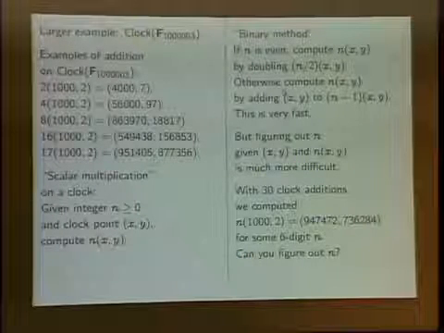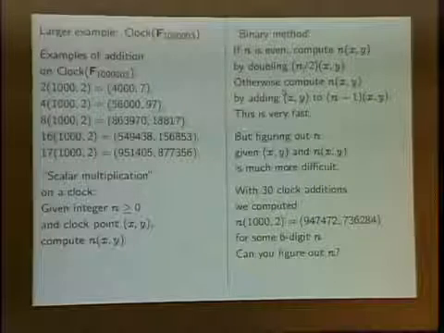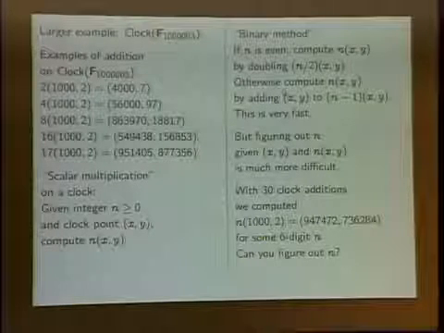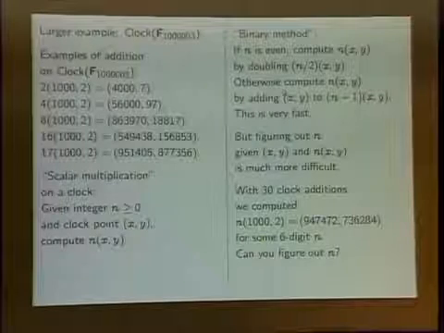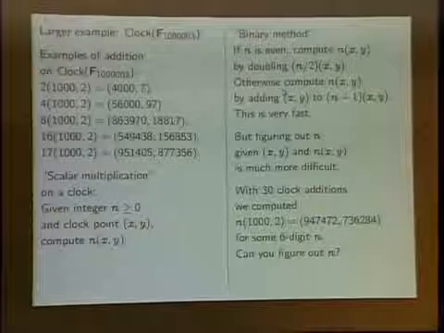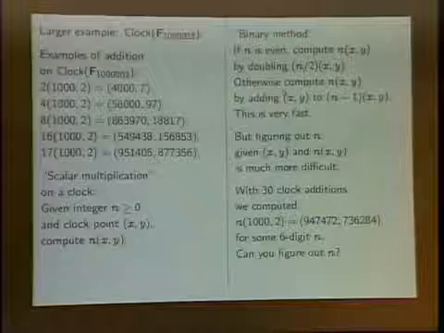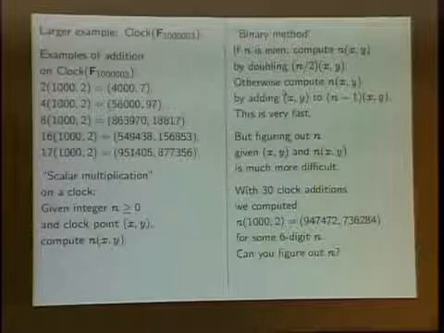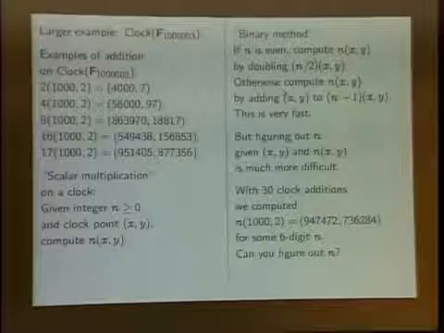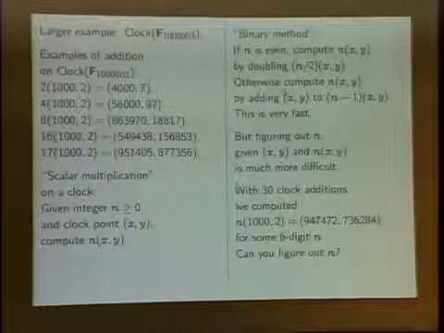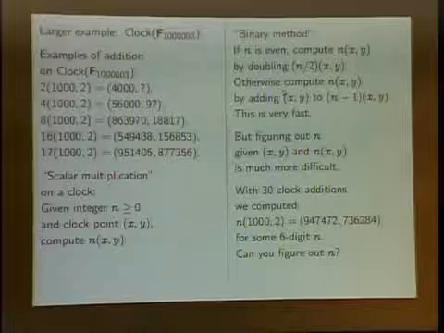Here's another example where we took some 6-digit number. There's only a million possibilities. Your computer can do this real fast, but can you figure out some 6-digit number n so that n times 1,000, 2 is 947,472, whatever it is? It's doable, but it's much, much slower than just doing 30 applications of the point addition formulas, which is all we had to do to multiply that n times a point.